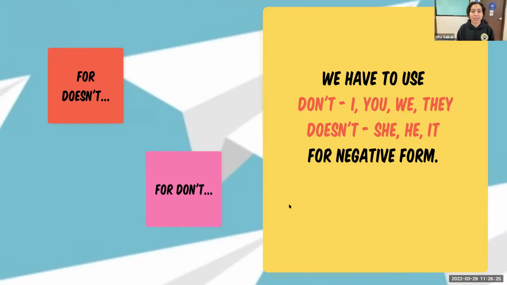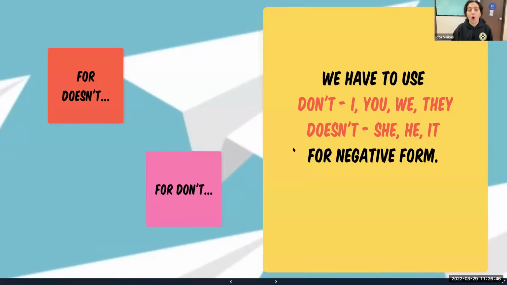If I were to say that same sentence with you, how would it look? You don't like sushi, right? Exactly. You don't like sushi. However, if I were to change it to she, he, or it, then do not will change into does not, or doesn't.